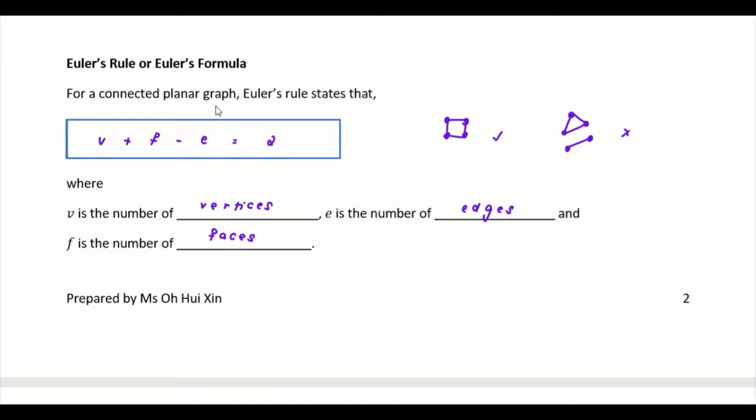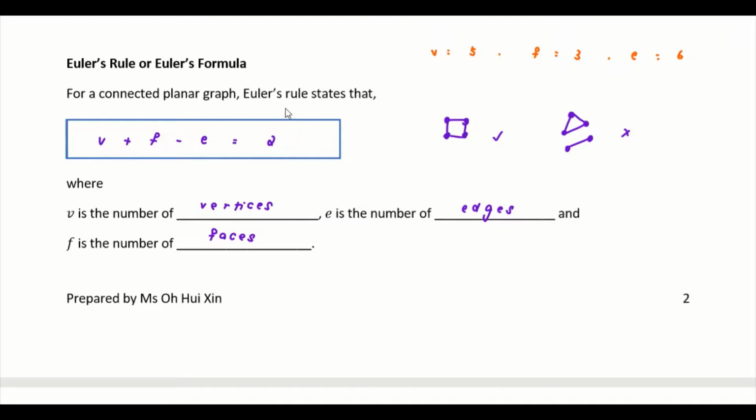So that's the idea. By using this rule, you will also be able to figure out how many edges you have. For example, if I give you a planar graph where the number of vertices is 5 and the number of faces is 3, can you tell me how many edges you should have? It should be 6, because 5 plus 3 needs to minus 6, then only you get 2.